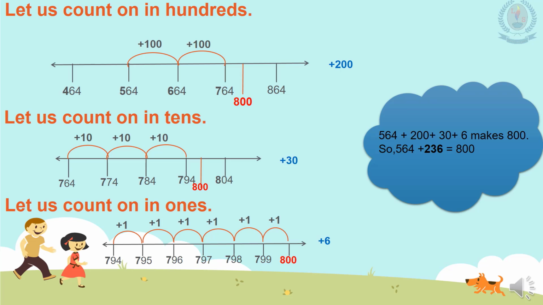Here you can see 6 ones are counted on from 794 to 800. So the answer comes by adding 200 plus 30 plus 6 to 564. Then it becomes 800.